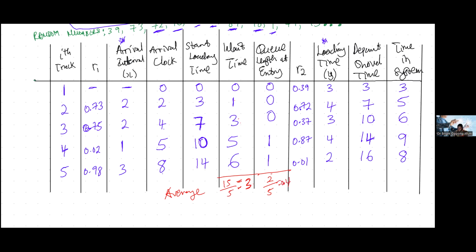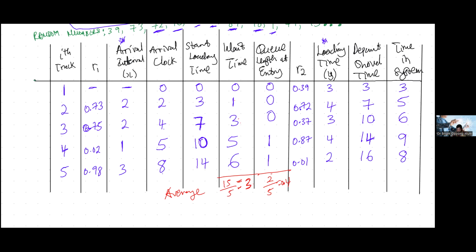Then we can look at the average total time at the shovel. The average total time at the shovel is made up of the time in the system when they came up to get loaded.